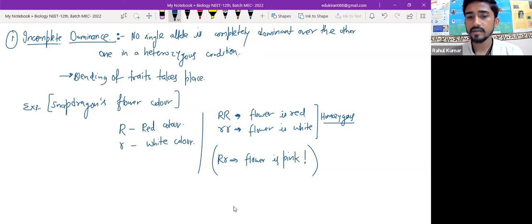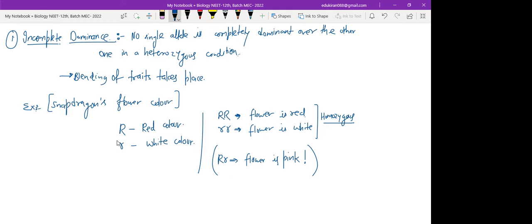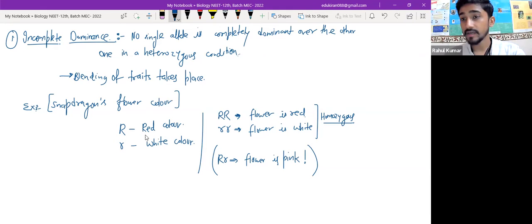So these colors are because of pigments present in the flower, correct? The gene is giving rise to a protein, which is a pigment protein. This allele is producing a white pigment. This allele is producing a red pigment. But when present together, the flower shows blending in the pigment, and there is a pink color of the flower because both the pigments are blending with each other.